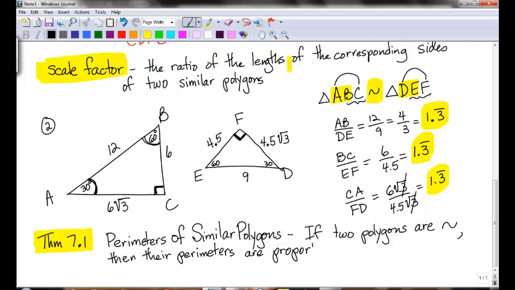The perimeters are proportional to the scale factor between them. So if I know the scale factor in two similar figures, then I know their perimeters are in that same ratio. Whoops, hang on, I wrote the wrong word. That should say between them. Okay, that should get you started.